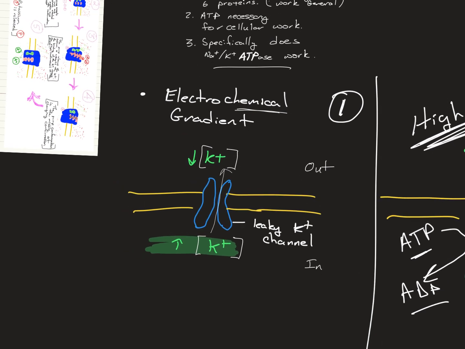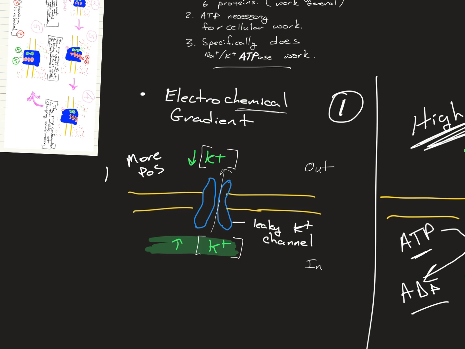But then there's another gradient. There's this gradient of overall charge, that on the outside is more positive. I believe I've said that several times now. The outside of the membrane is more positive.